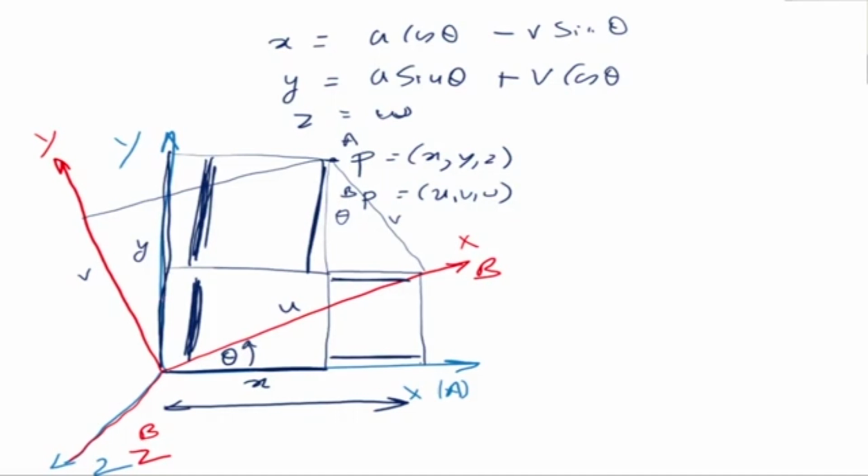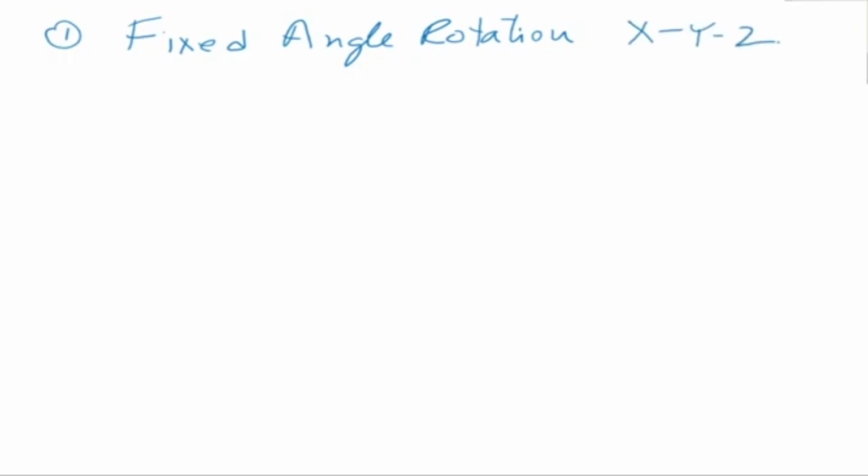Most of the rotations are about z, so if you just know the rotation about the z axis, it's enough. Now let's look at the two ways by which we define rotations. This is called the fixed angle rotation. In the fixed angle rotation, we call it the x, y, and z fixed angle rotation.